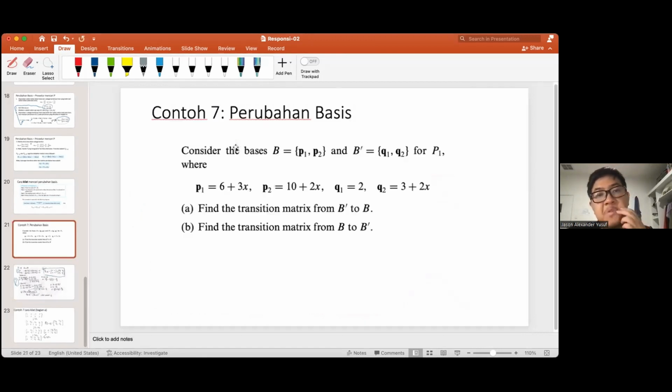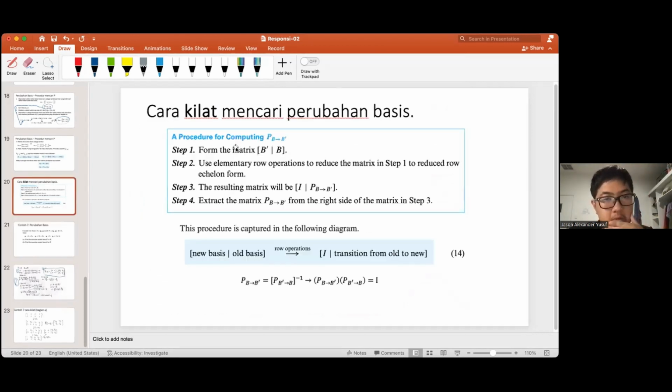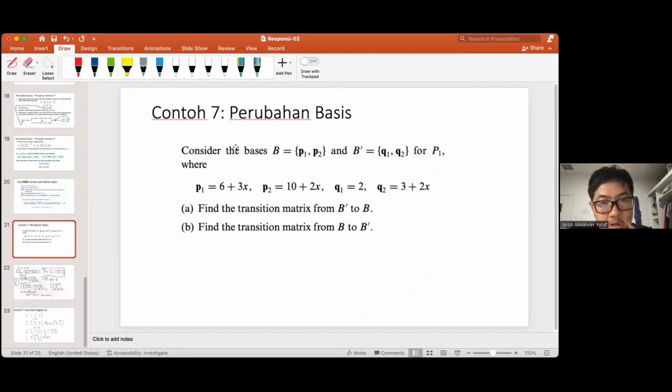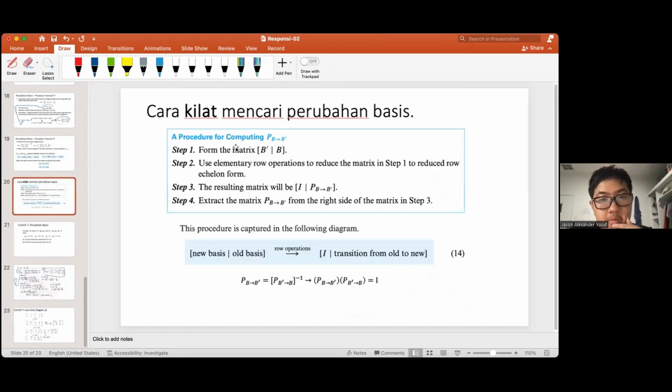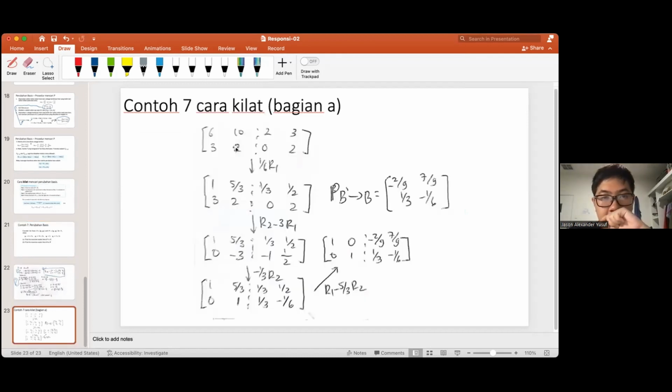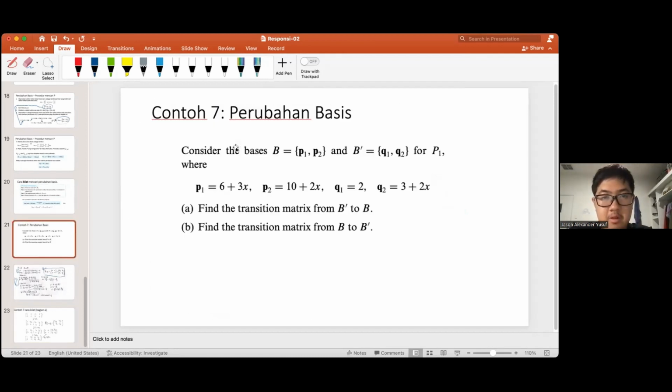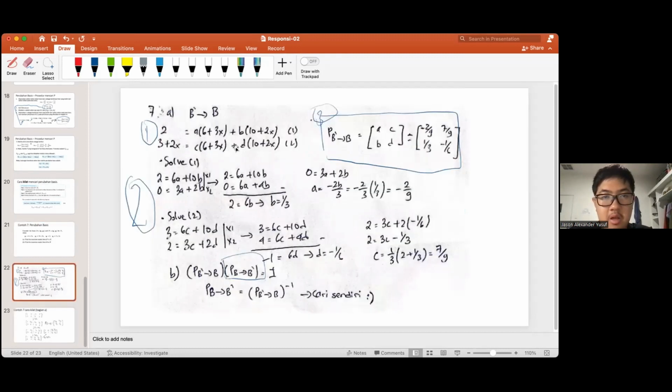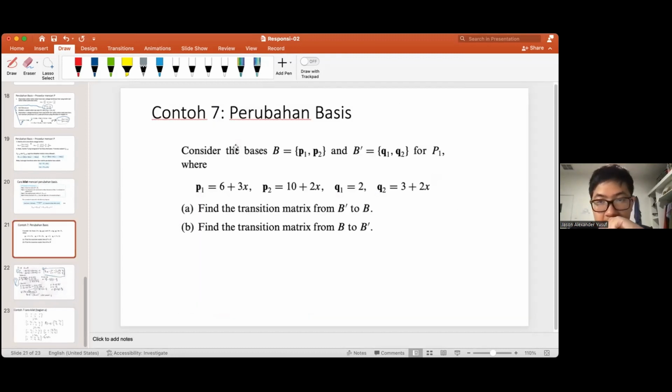So since we want to find new to old, which is B accent to B, all you have to do is just put the bases P1 and P2 on the left and the new one on the right.